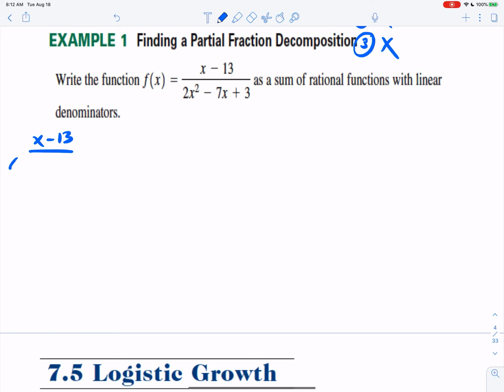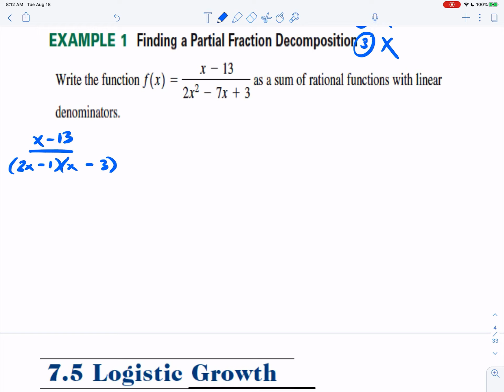So you should get 2x and an x, both minus, and then 1 and a 3. Hopefully you got the same thing, and if you're not sure how you got it, please let me know. So take a look, our denominator is completely factored.